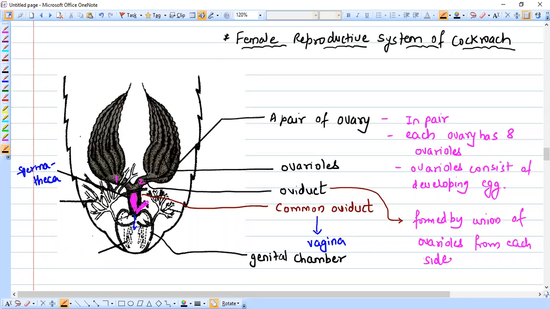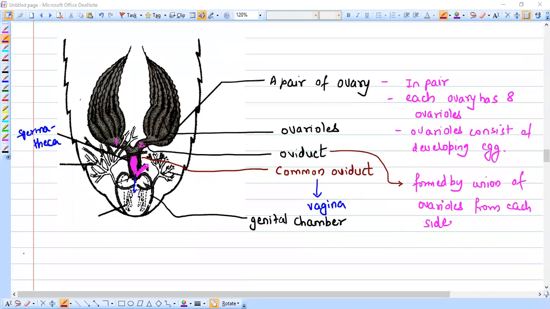Whenever we talk about spermatheca, I write it here separately: spermatheca is above the sixth segment. The most important point for spermatheca with respect to segment is that it is present above the sixth segment.